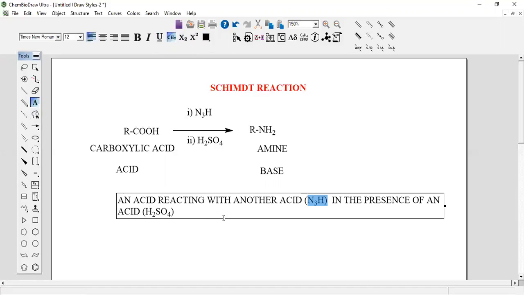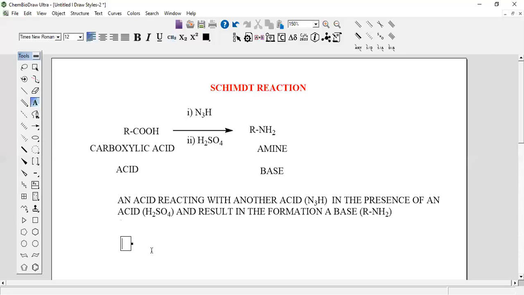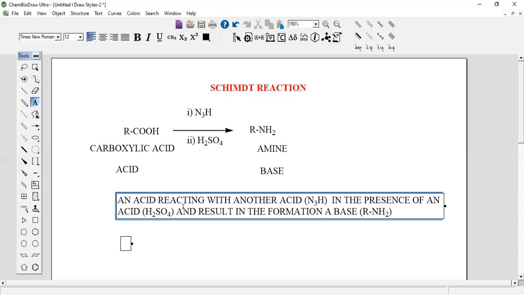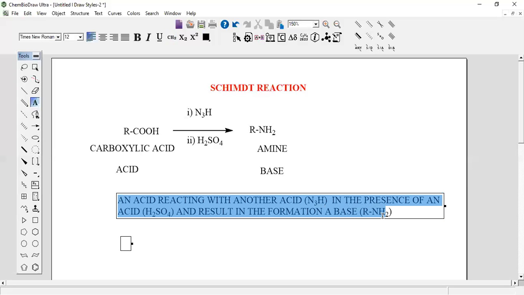Followed my point? In the presence of an acid, it results in the formation of a base. Very interesting reaction. The interesting factor is that an acid is reacting with another acid in the presence of an acid, but the product is a base.